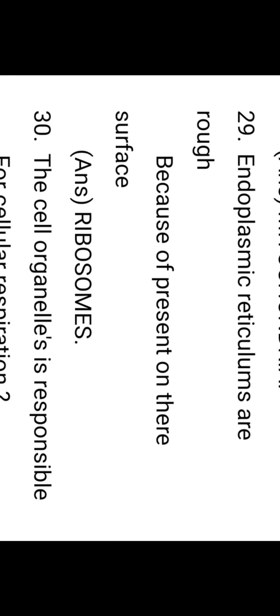The endoplasmic reticulum is rough because ribosomes are present on its surface. There are two types, the smooth endoplasmic reticulum and the rough endoplasmic reticulum. The next question. The cell organelle responsible for cellular respiration is the mitochondria.